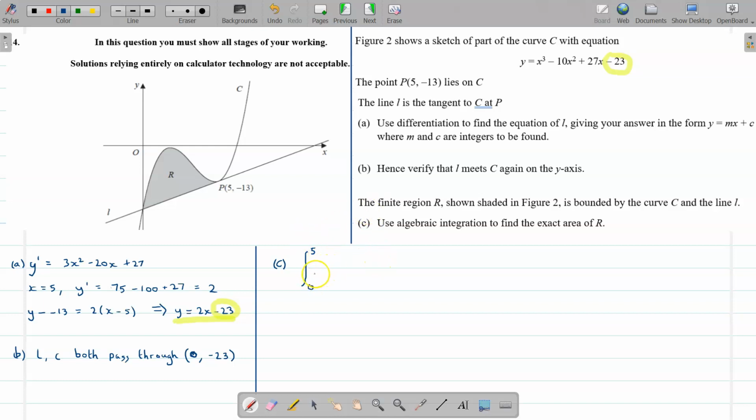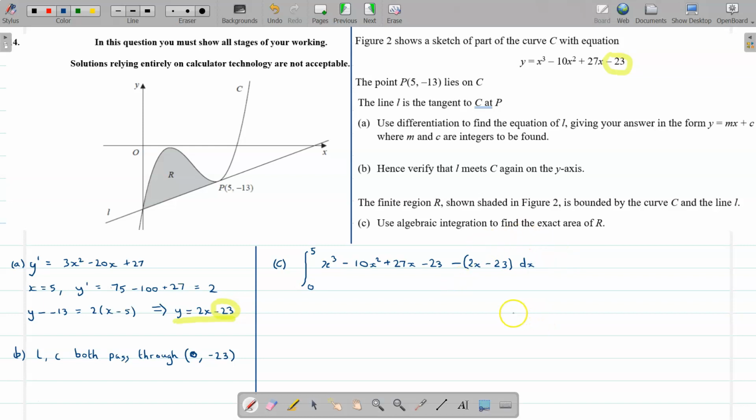So we're going to do the integral of x cubed minus 10x squared plus 27x minus 23, and from that we're going to subtract the straight line, which is 2x minus 23, and all of that with respect to x.